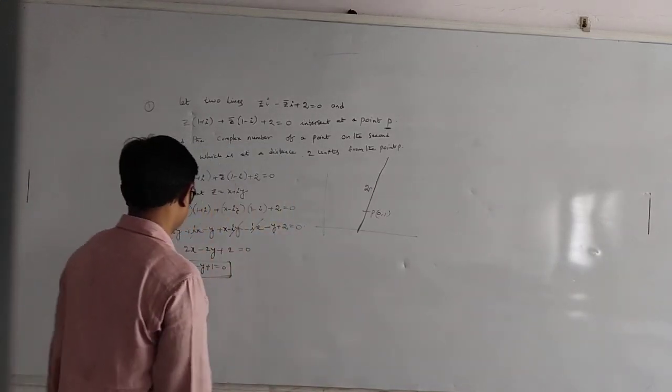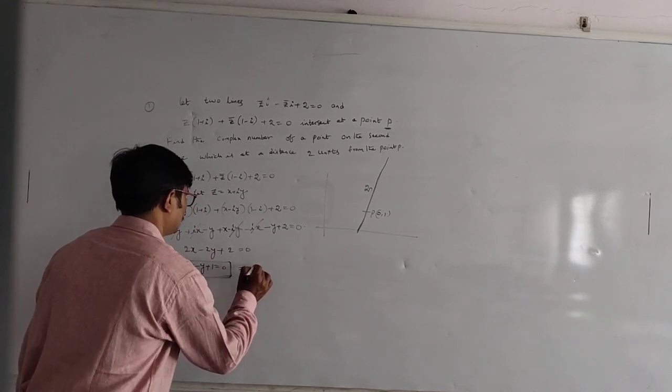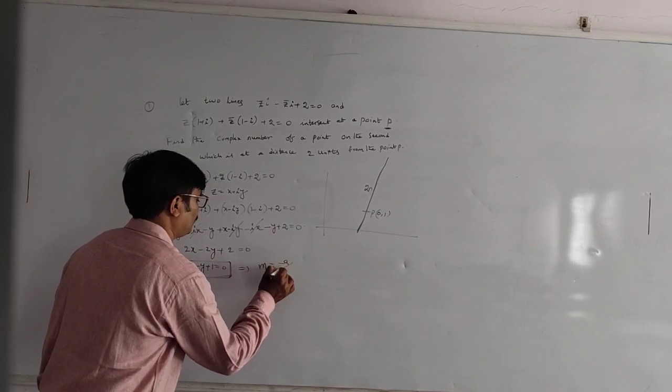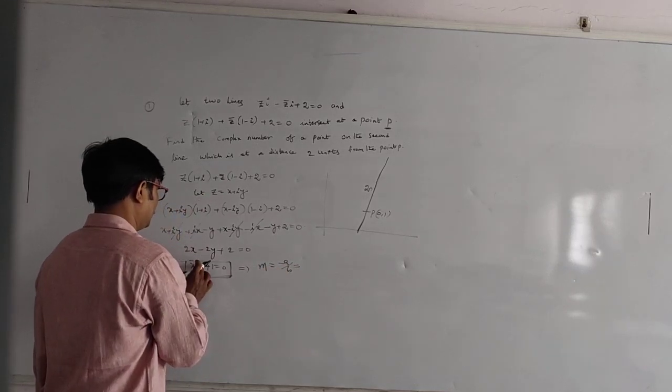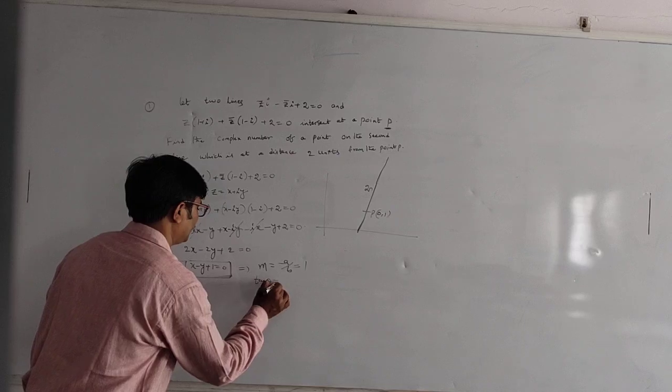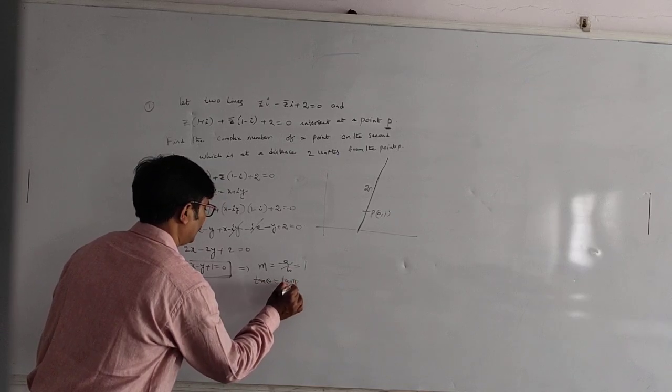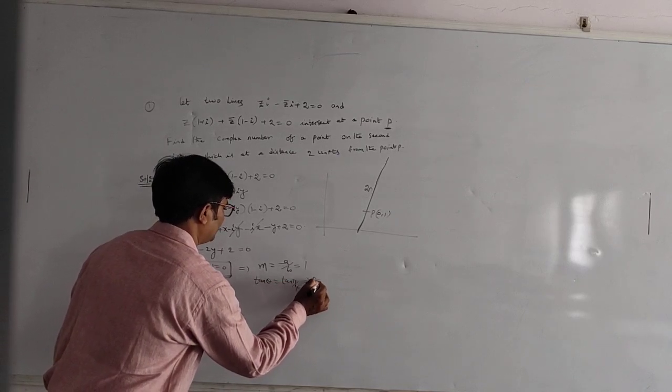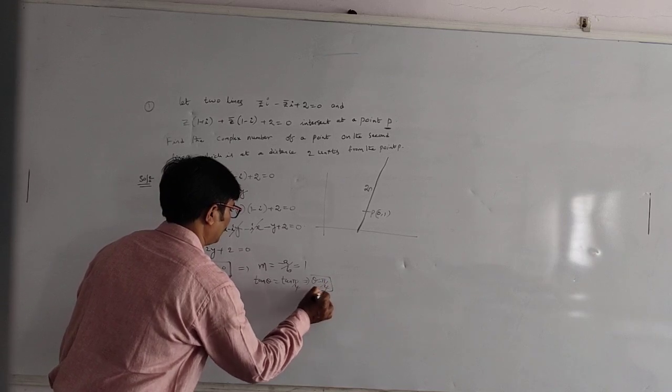Okay students. So now the slope m = -a/b, that is -a/b, which is 1. Therefore, this is tan theta = tan of pi by 4, that implies theta = pi by 4.